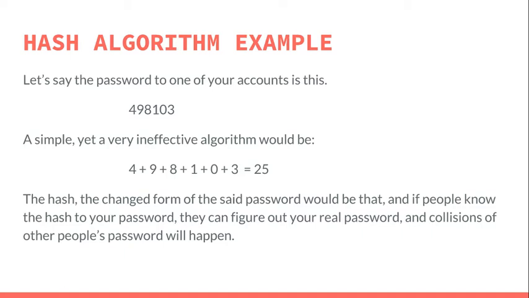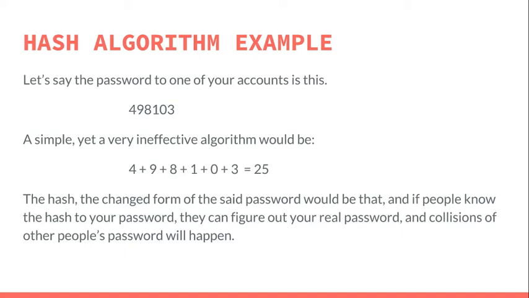This is a simple yet very ineffective algorithm for a hash. It would be 4 plus 9 plus 8 plus 1 plus 0 plus 3. So you add all of the digits and it becomes a hash code. Now that is very terrible. It's not a good hash function, because there are thousands and millions of combinations that could add up, for example, another person's password that can also result in 25.